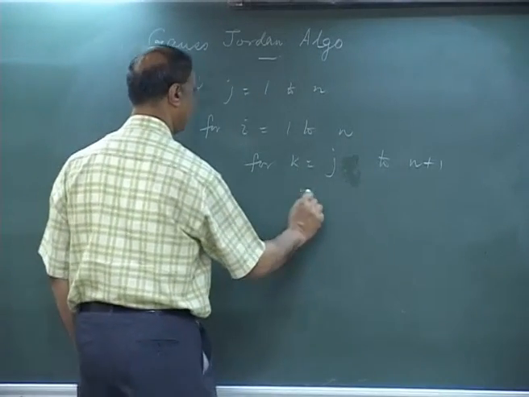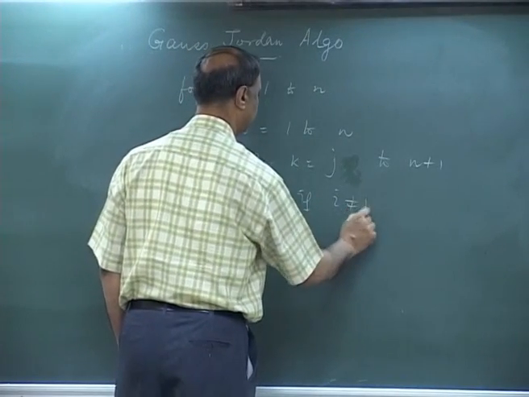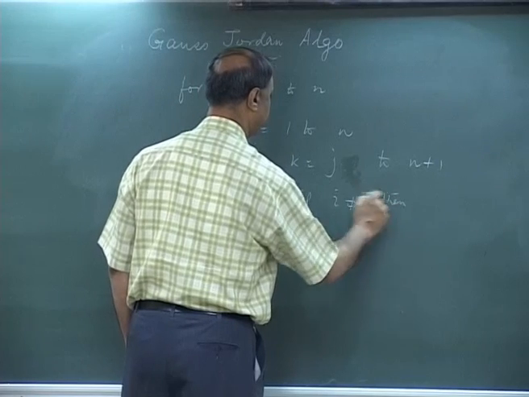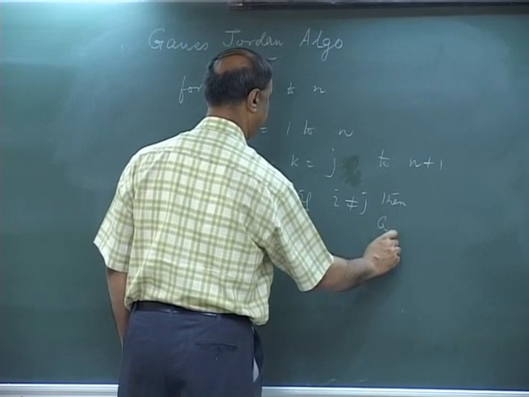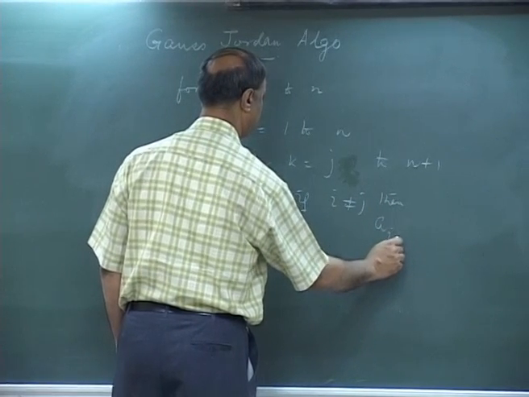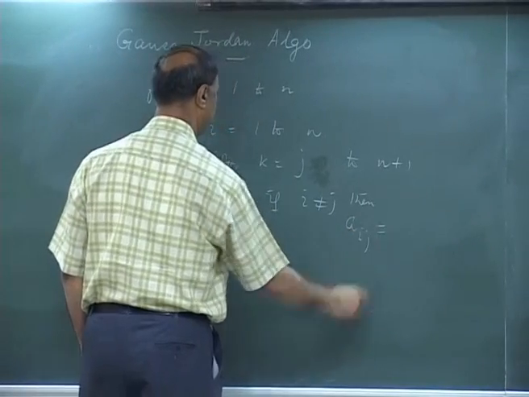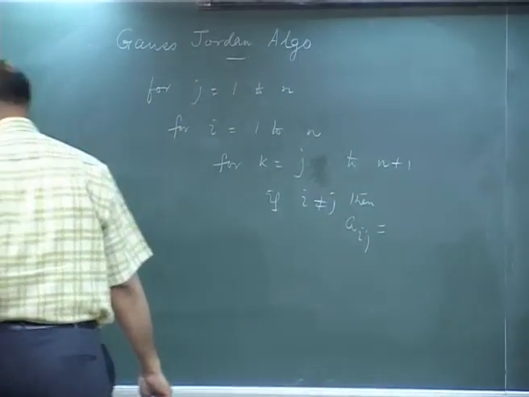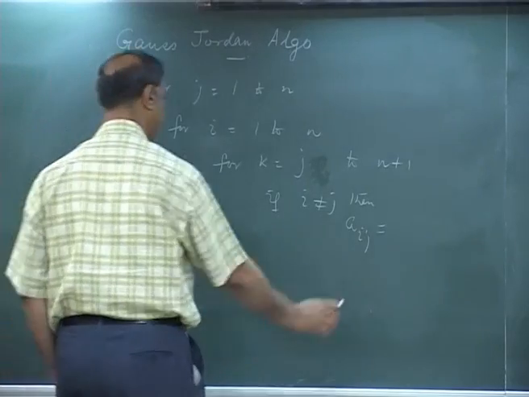If i is not equal to j, then a i j equals a i j minus a i k times a j k.